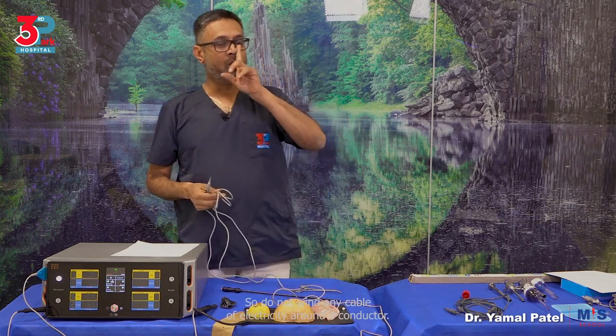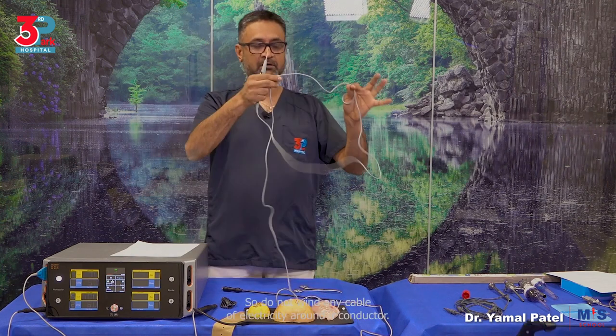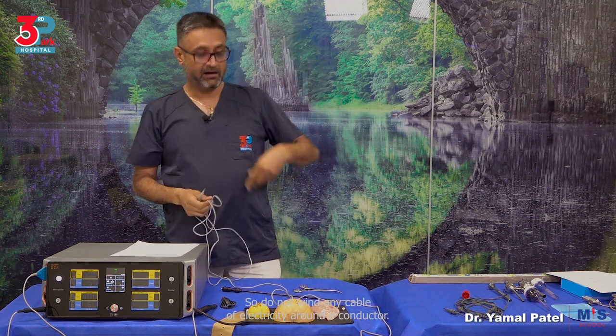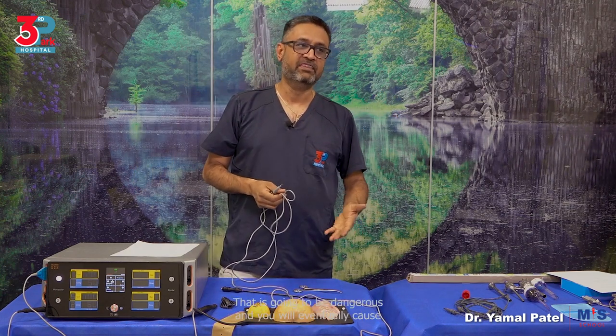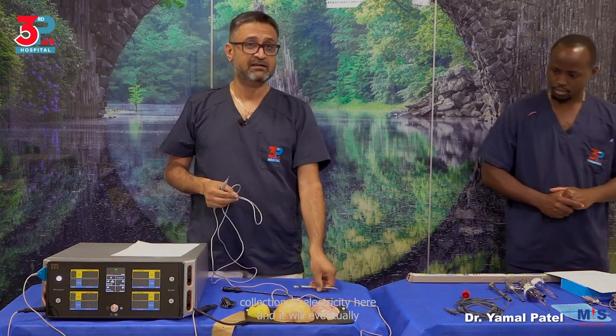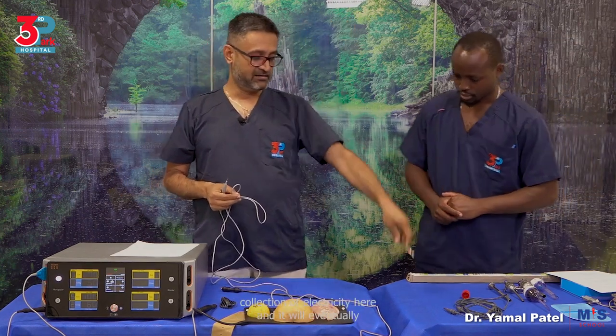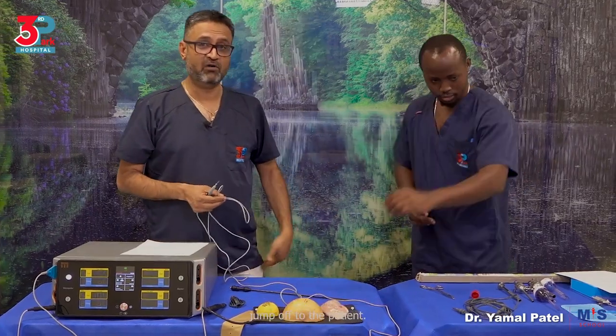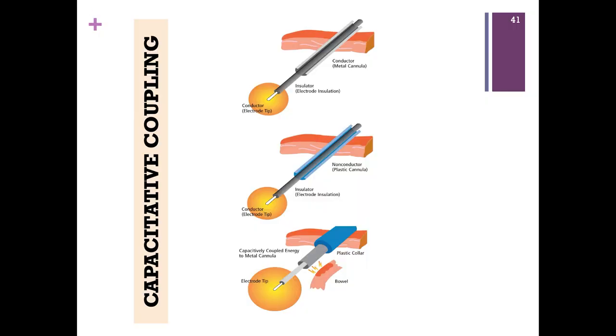So do not wind any cable of electricity around a conductor. That is going to be dangerous, and you will eventually cause collection of electricity here, and it will eventually jump off to the patient. So that is capacitive coupling.